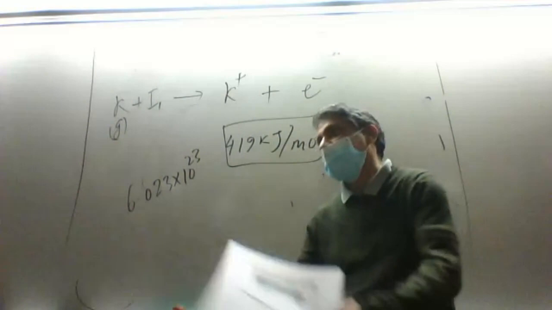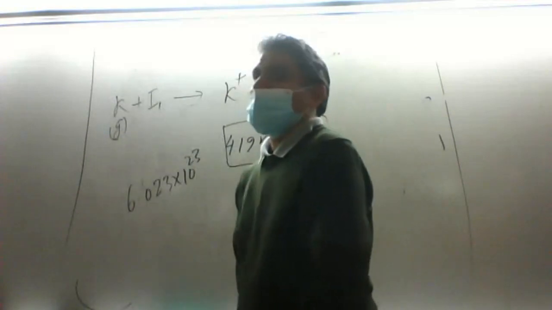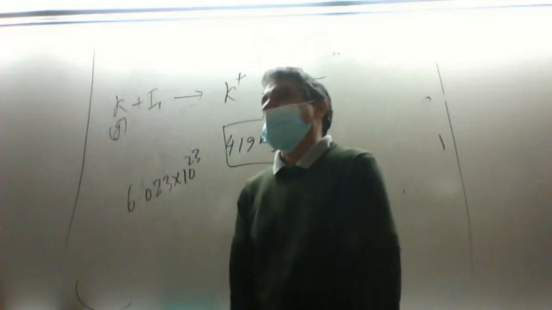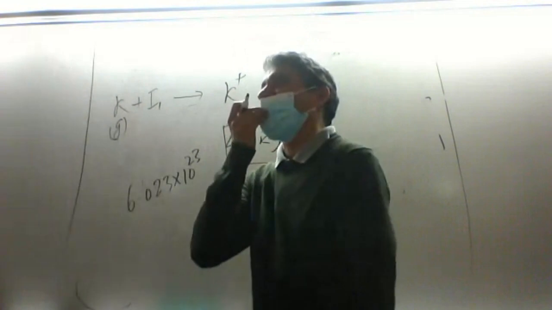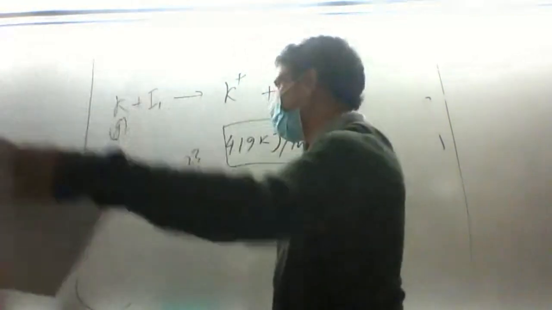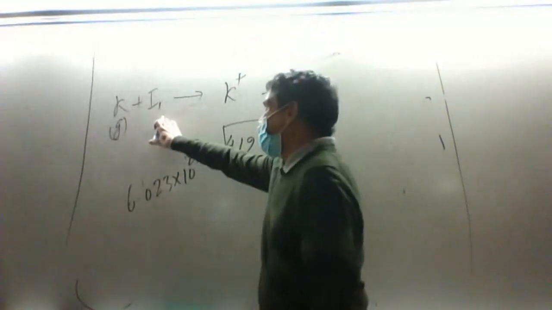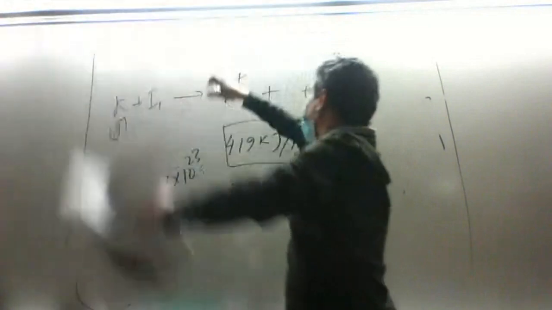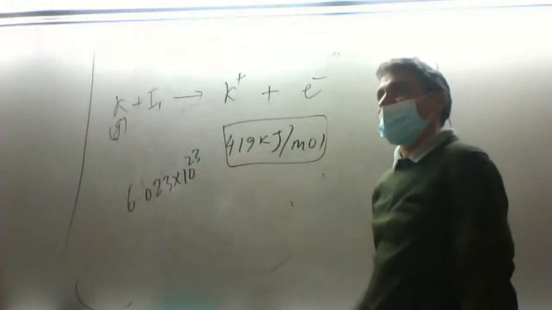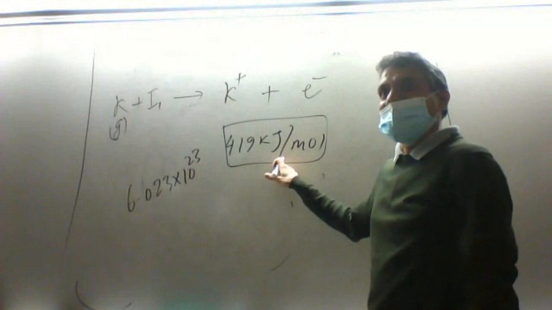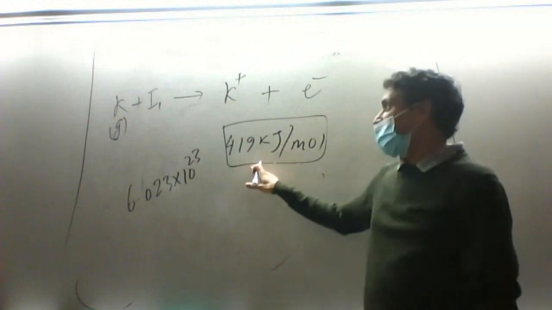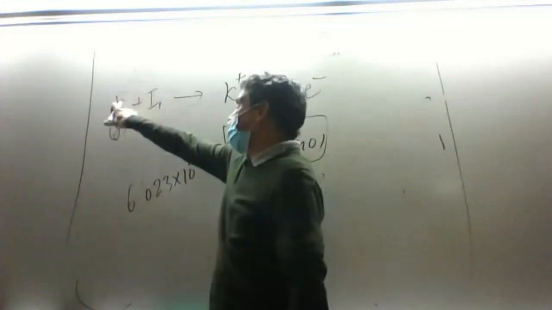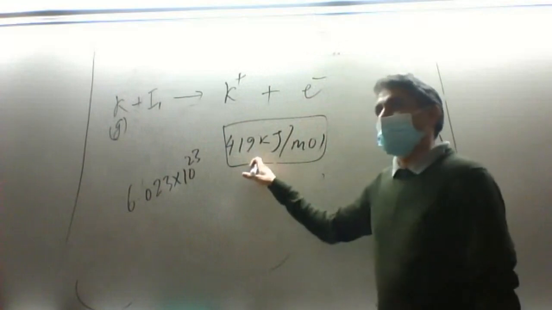Either you can heat or you can give the electrical potential. In the laboratory, we don't heat that much. We just use the electrical potential. From outside, we just give the electricity here, so that one of the electrons is kicked out from that atom and it becomes plus. So that is called the ionization energy. How much energy do we need here to kick out one of the electrons from the valence shell of the potassium? 419, right?